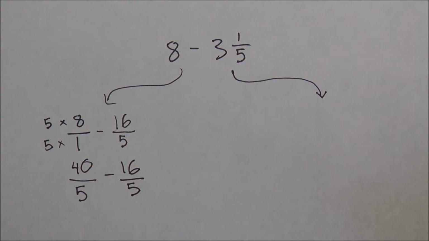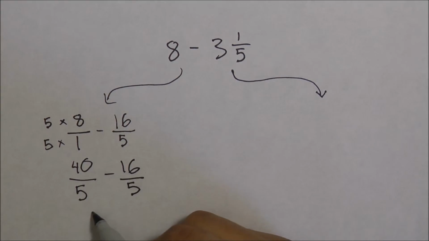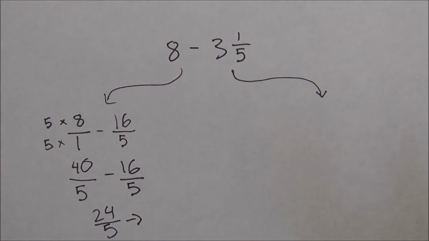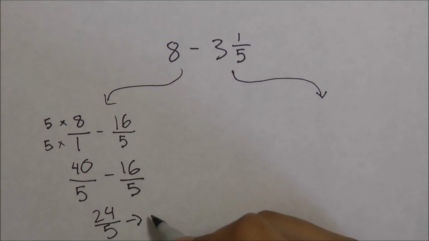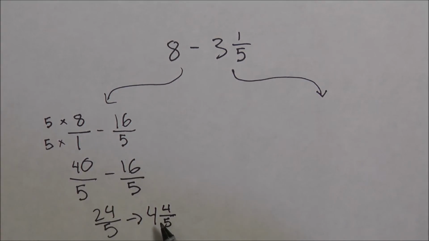Now this eventually becomes 40 minus 16, which is 24 over 5. Change that into a mixed number. How many 5s go into 24? 4 and 4/5. Because if you change this back into an improper fraction, it's 4 times 5, which is 20, plus 4, which is 24, which is 24 over 5.